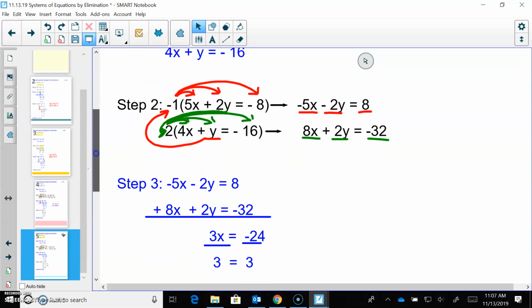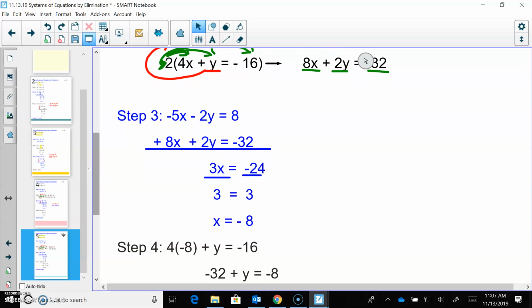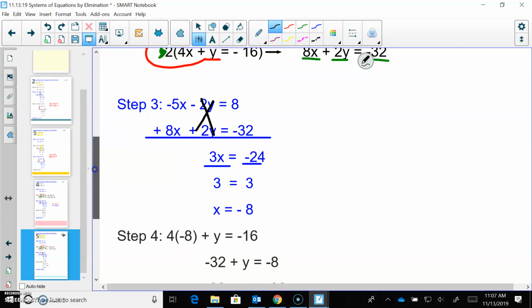So I can go ahead and do step 3, which is just line them up and add them together. So when I do -5x plus 8x, that's where I got a +3x. When I do -2y plus a +2y, that cancels. And then 8 plus a -32 gives me a -24. From there, all I have to do is divide by 3 on both sides to get x by itself. When I do that, that gives me x equals -8.